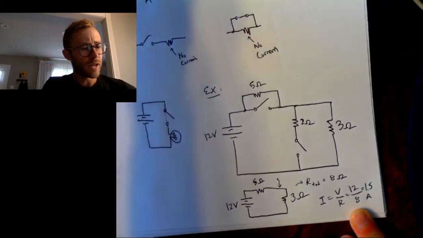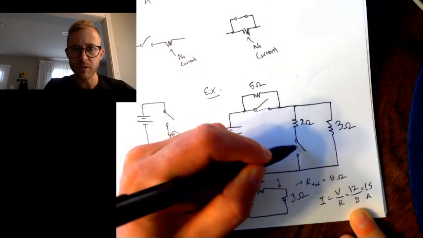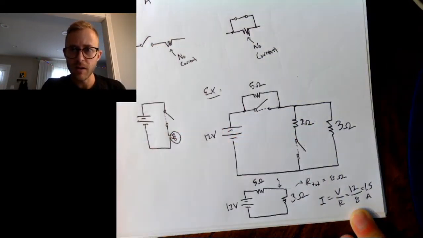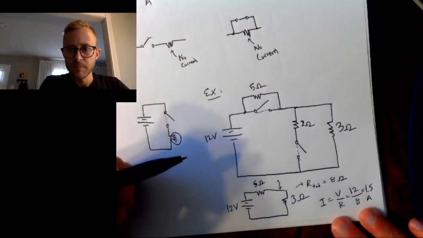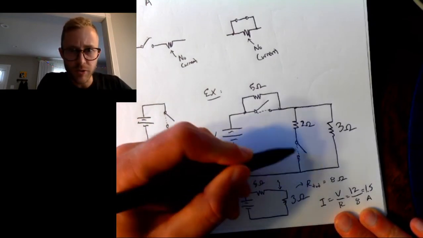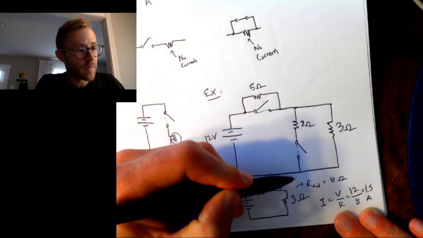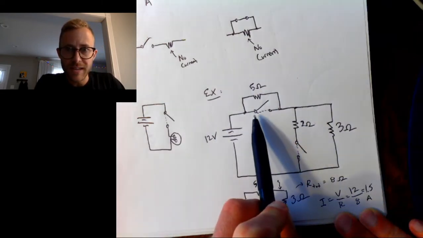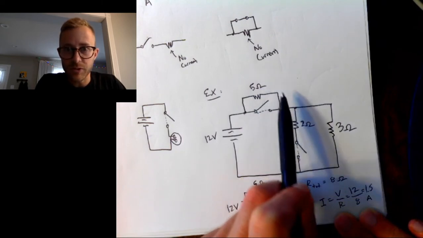So now let's imagine that we close both of these switches. So we close this one, we close this one. In that case, once we close the switch, we have to include this part of the circuit. Once we close that switch, we're now short-circuiting the 5 ohm resistor.